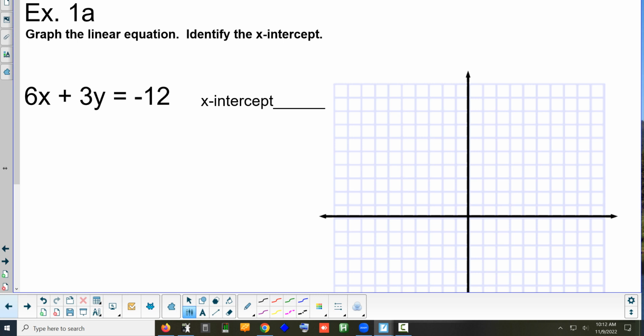Okay, so if we were doing this like we did it on Monday, we'd be plugging in a 0 and then a 0. But today, we want to rewrite it. How do we want the equation to look? Just with all letters. We want it to be like y equals, yep, mx plus b.